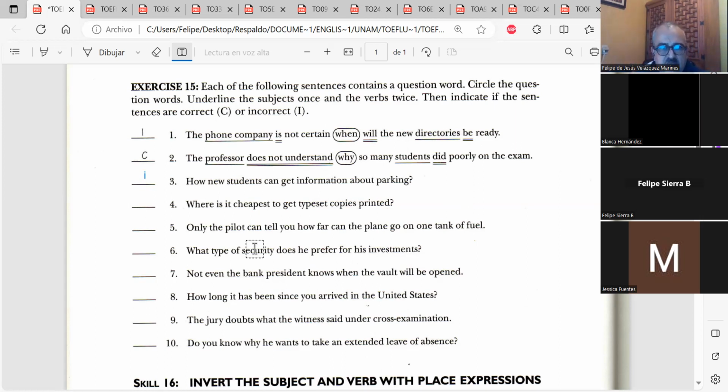It's the same. So it is cheapest. If you turn it into a declarative sentence, you say it is cheapest to get typeset copies printed in that office. So it is correct. Okay. So Blanca, number 5.